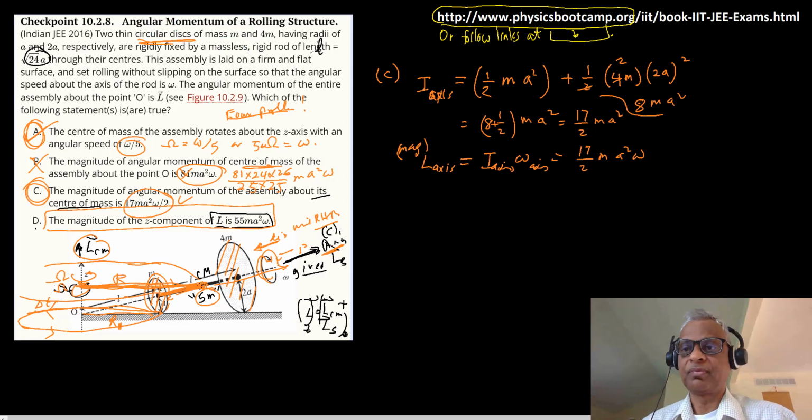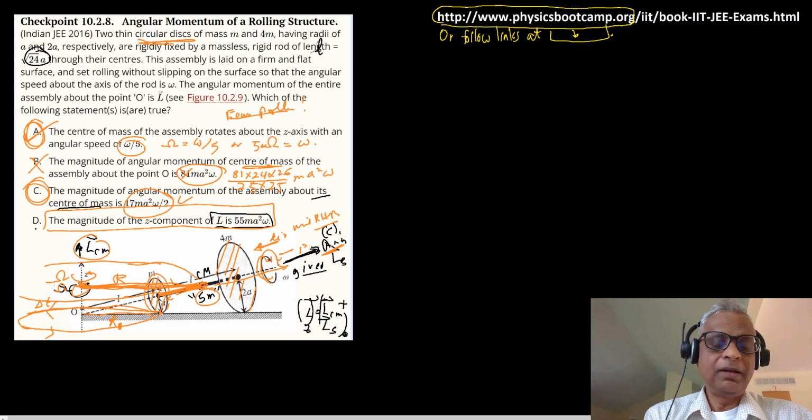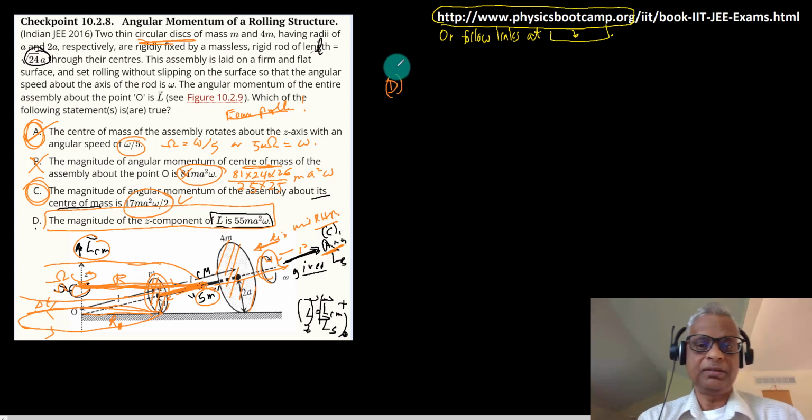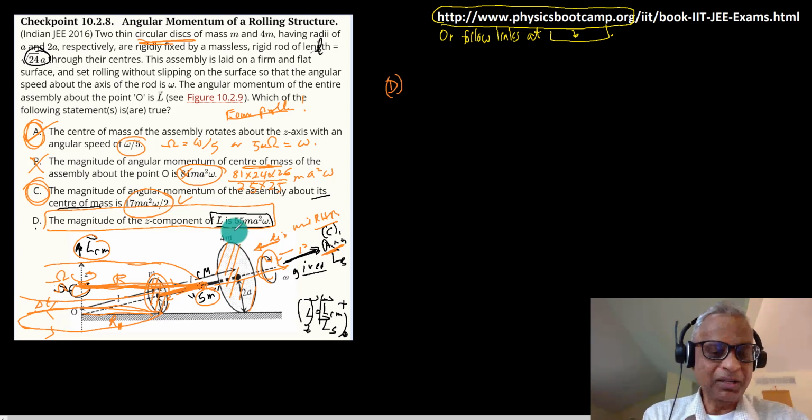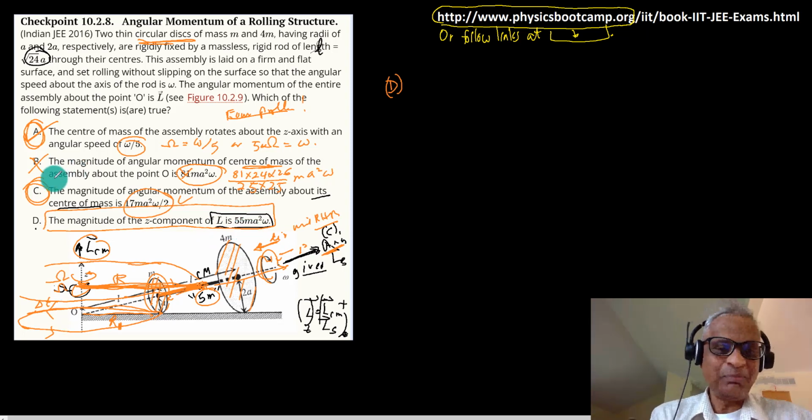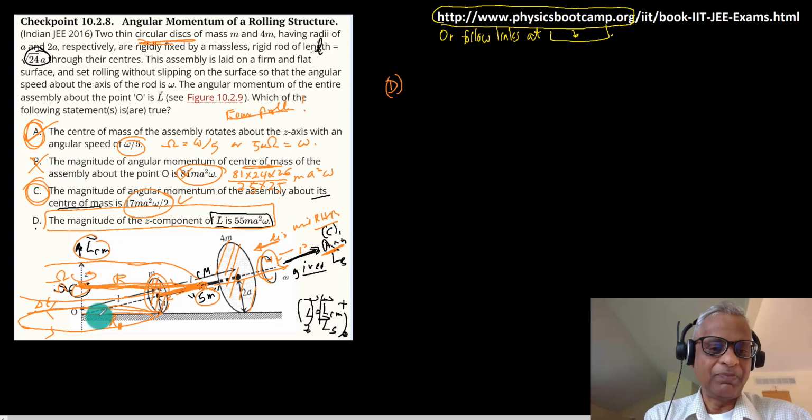C was very easy, right? Now D is probably not going to work out, because B had a problem, and D is kind of made up of those two things.